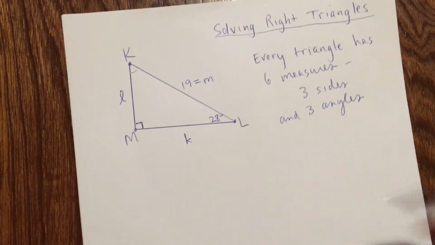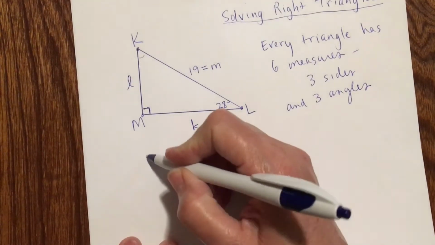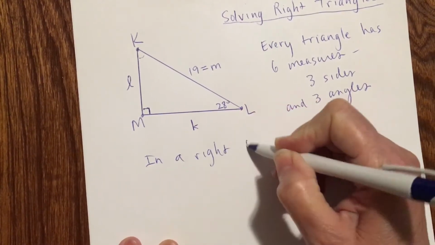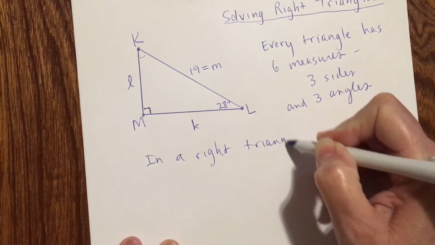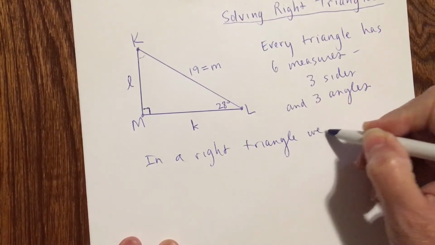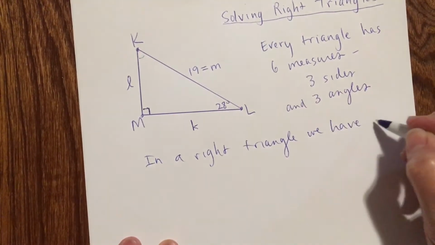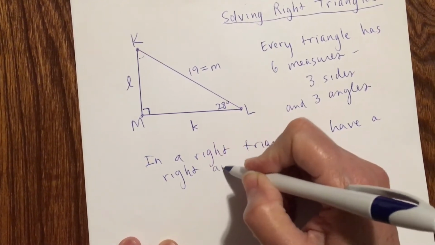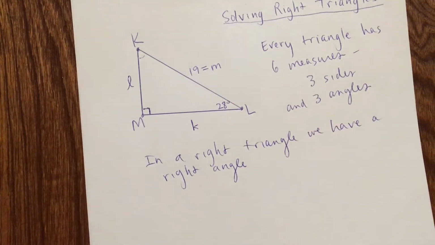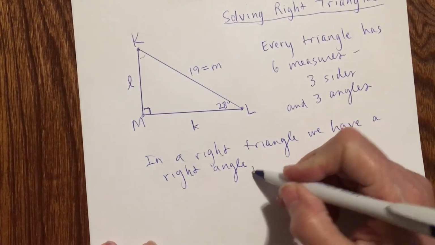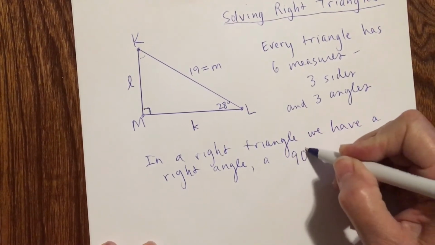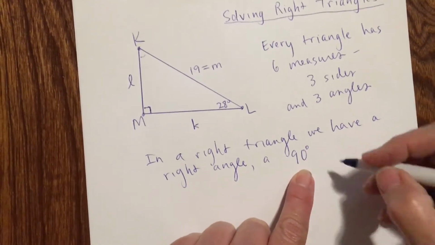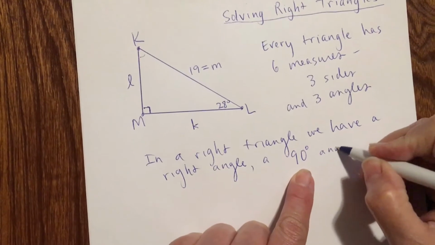So let me write that. In a right triangle, we have, this will sound silly, a right angle. A right angle is a 90-degree angle. I'm going to write the degree mark after 90.